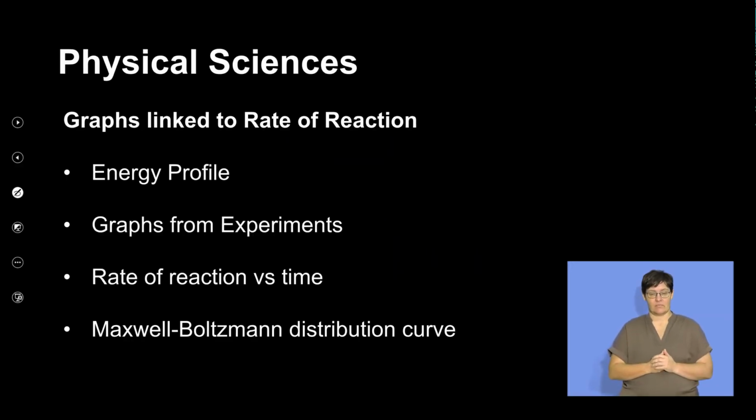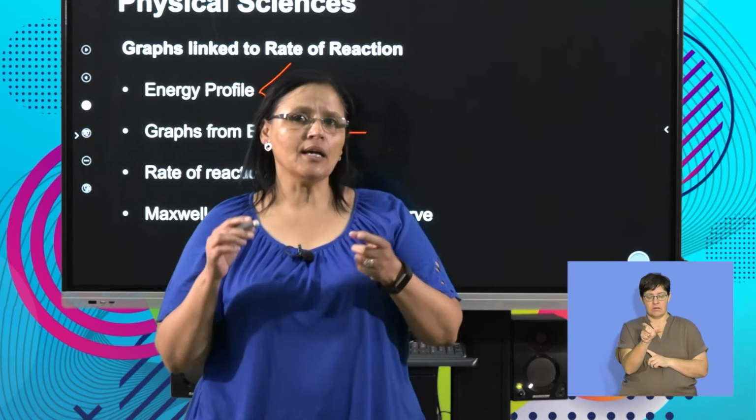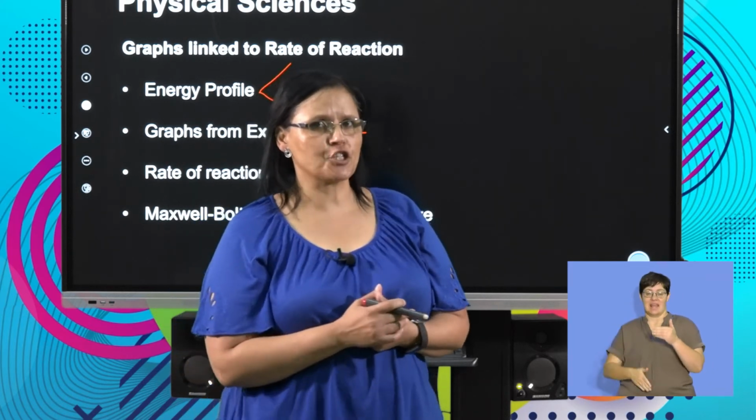We need to think in terms of the kinetic energy that goes hand in hand with our temperature. Up to now, we've looked at the energy profiles, which are the exo and endothermic profiles. We looked at the graphs from our experiments, where we looked at a decrease in mass over the change in time. We also looked at the volume that we caught in a syringe, how that volume increased over time until the end of our reaction.